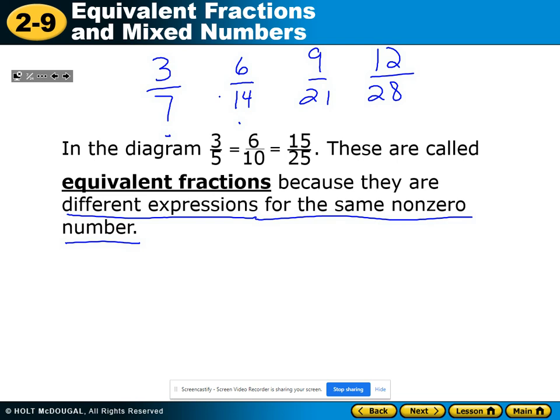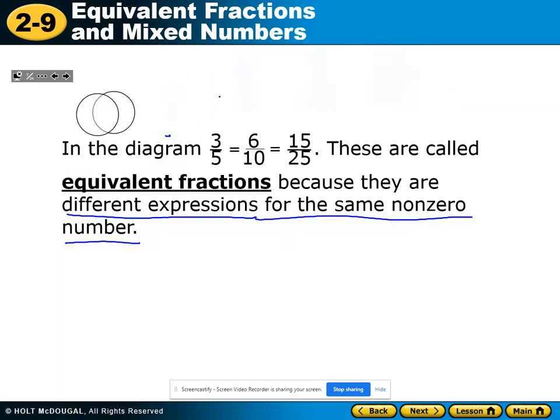Now, when we look at these, you have been doing this for a long time, and I'm surely hoping that you can do it again, all right? In the diagram, 3/5 equals 6/10 equals 15/25. These are called equivalent fractions because they are different expressions for the same non-zero number. They're different ways to show the same thing, is literally what they're saying.